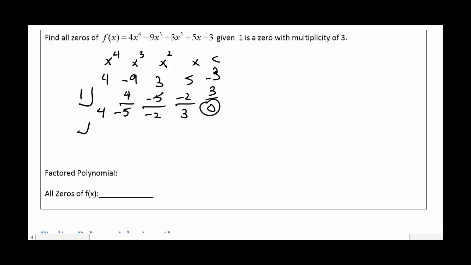Okay, now, nice thing is I'm going to do it again. That's what multiplicity means, is that it goes in there multiple times. So drop the 4, multiply, multiply, and multiply. Okay, notice I got 0 again. And a multiplicity of 3 means I can do it again.